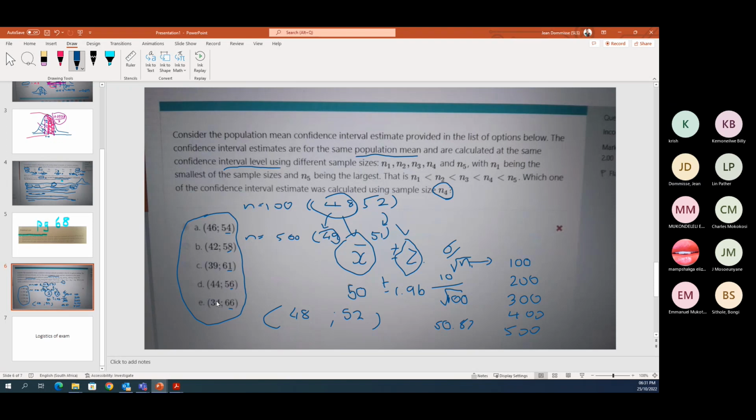Smallest is that one, highest is that one, second highest is that one. So the opposite would now need to be true, that it is the second lowest. So let's see, that's the highest, that's the lowest with 54, and that one is the second lowest. Okay, so D would have been your correct answer.